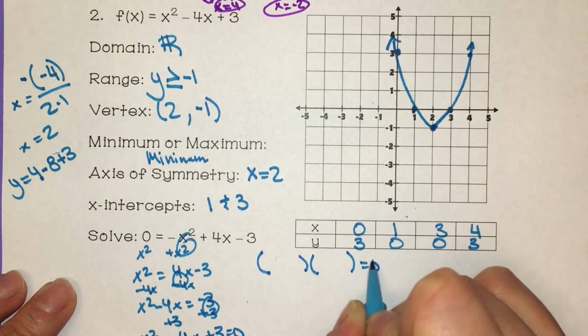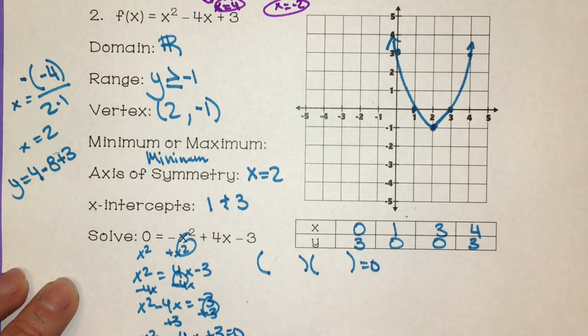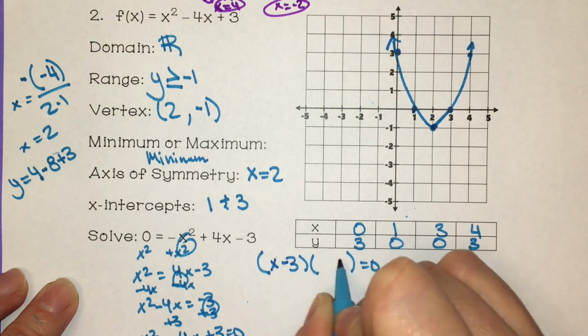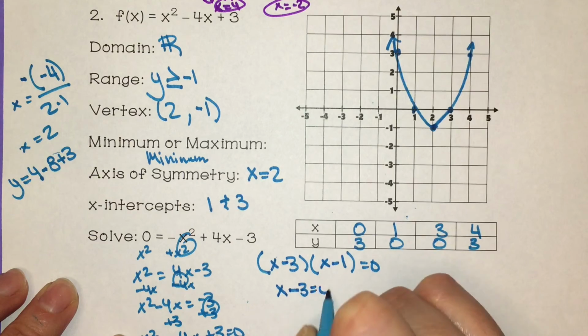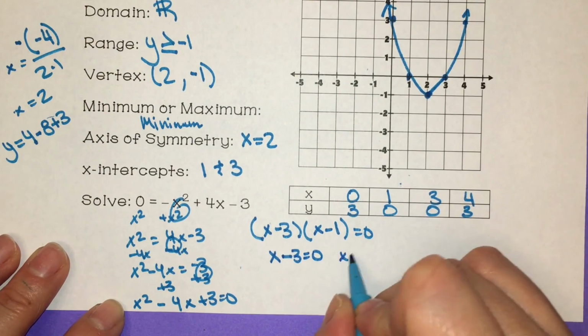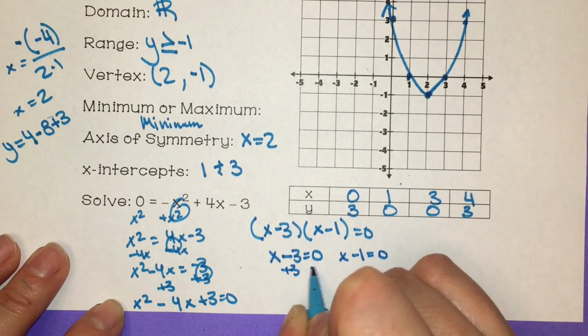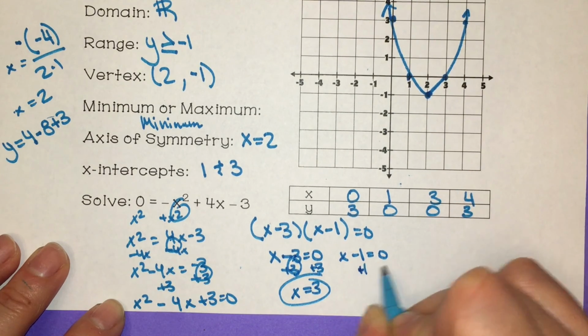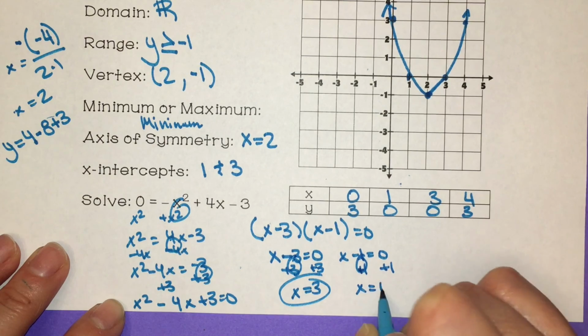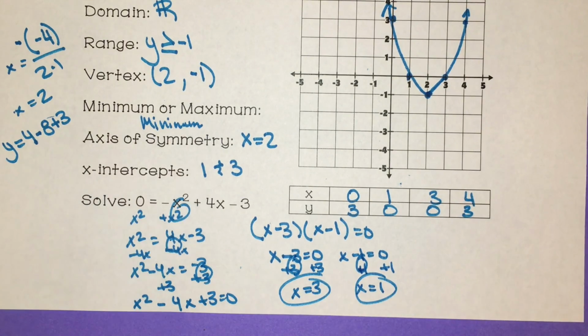I have to figure out what adds together to equal -4 and multiplies together to equal 3. And that's -3 and -1. So I'm going to solve x minus 3 equals 0 and x minus 1 equals 0. Add 3 to both sides to get x equals 3. Add 1 to both sides to get x equals 1. And those are my x-intercepts.